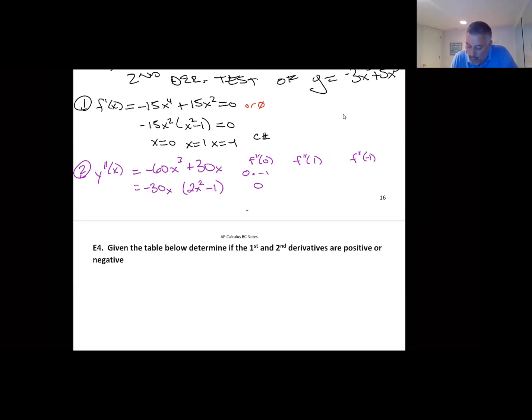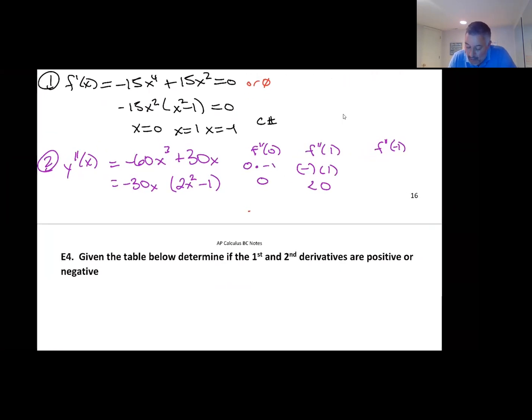When I plug in 1, I'm going to get a negative times a positive. No, what happens when I plug in 1? Yeah, times a positive. And that is going to be less than 0. And at negative 1, I'm going to get a positive times a positive, which is greater than 0.